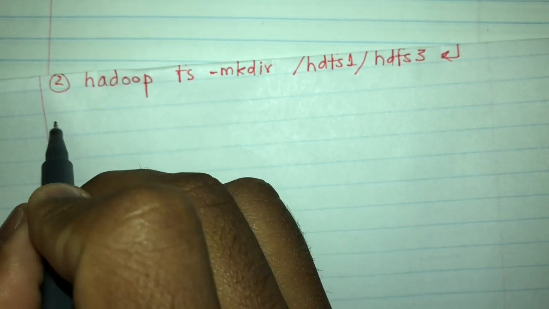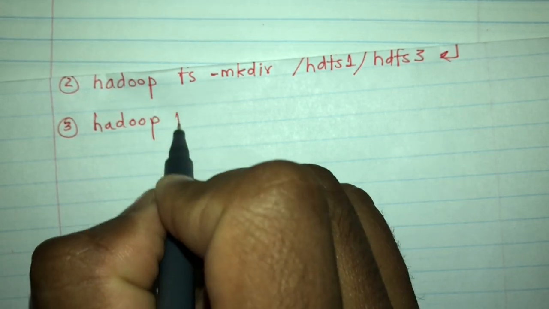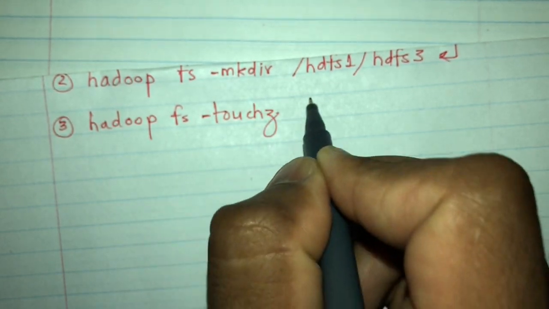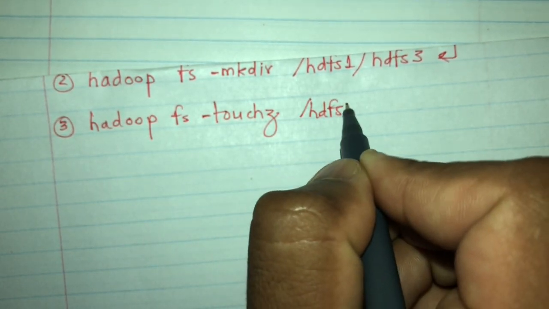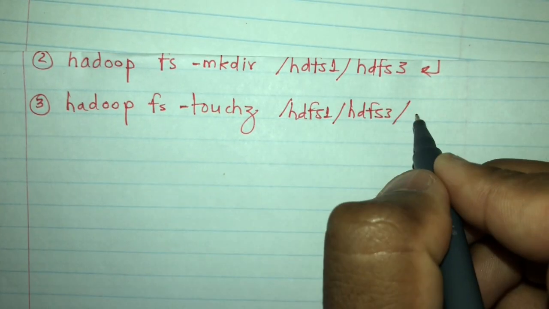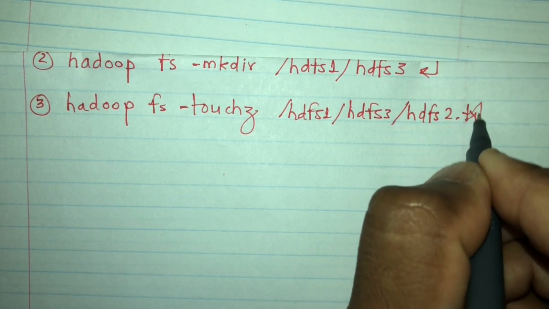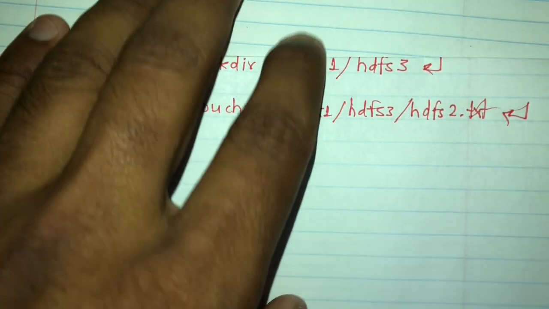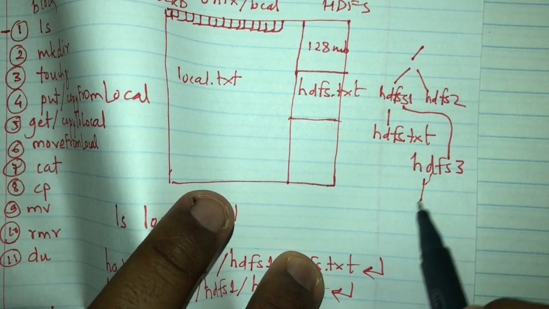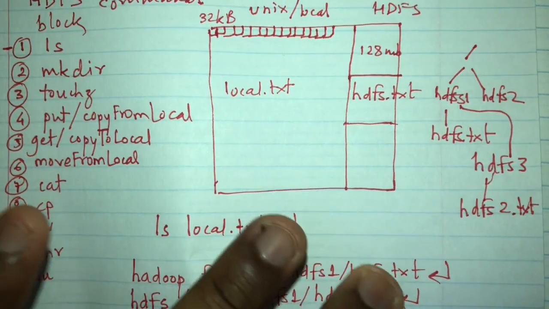I can write it like this: hadoop fs -touchz /hdfs1/hdfs3/hdfs2.txt, enter. If it executes successfully, then this tree structure will become like this: hdfs2.txt.